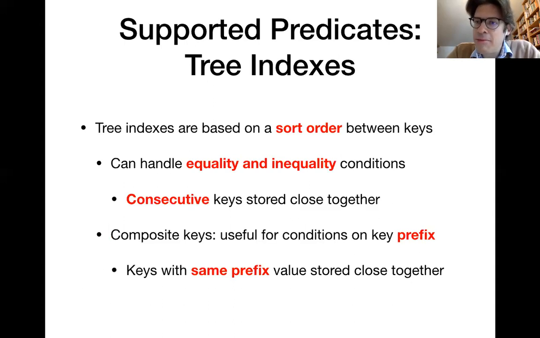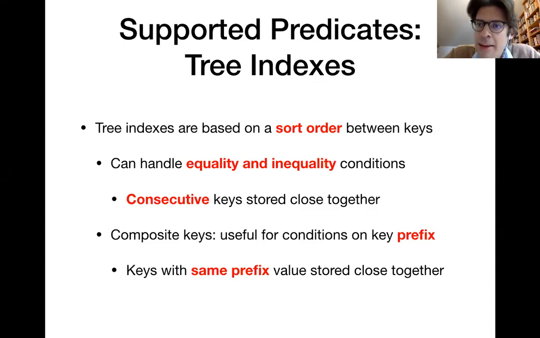Now, let's first of all discuss a little bit the types of predicates that those different indexes can support. Tree indexes are fundamentally based on a comparison between keys. So if you think, for instance, about the leaf nodes of an index tree, then the entries in the leaf nodes are sorted by the key. That means that entries for the same key are stored close together.